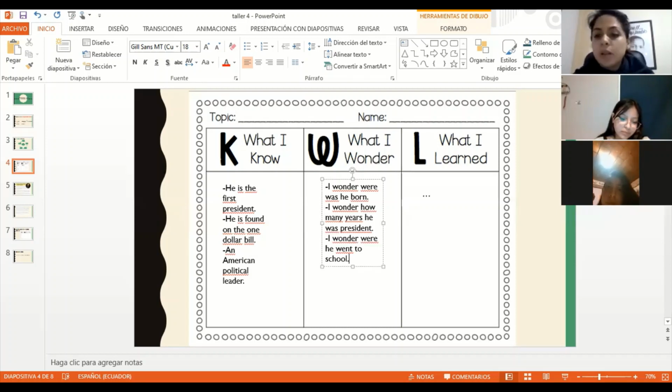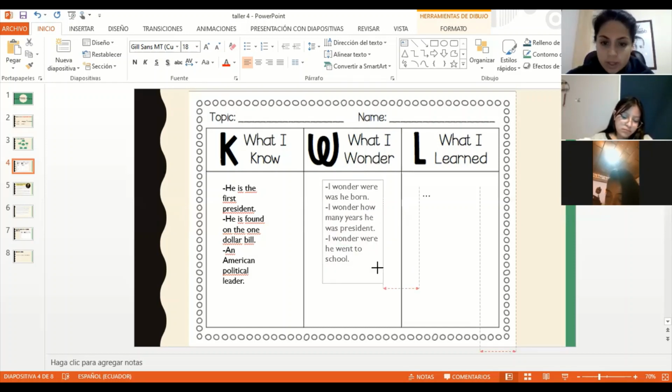And we're not going to fill in the last one, okay? What I learned. We will be doing that when we finish reading, all right? So please write down that information onto your chart. And then later on, you are going to take a picture of it and send it to me once we fill up everything.